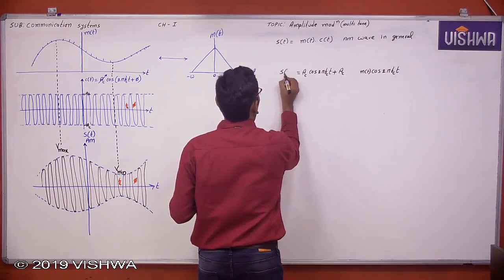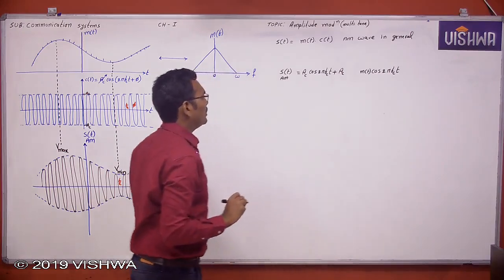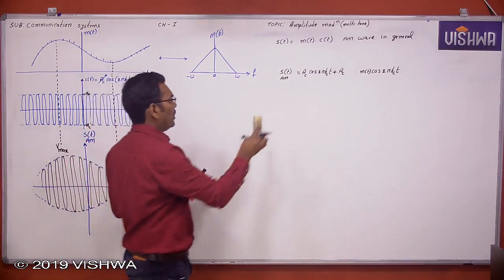Now this is the amplitude modulated signal: A_C cos 2 pi f_c t.